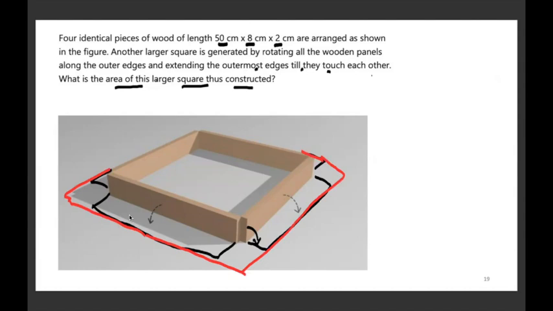Okay, let's do this. In this case, when the plank is kept on the ground, in the current position, it looks like this. When it flips on the ground, it looks like this.